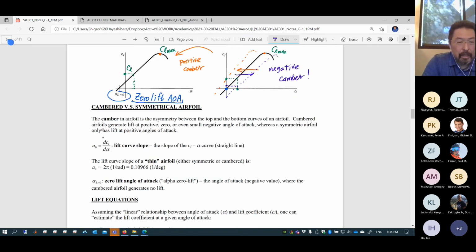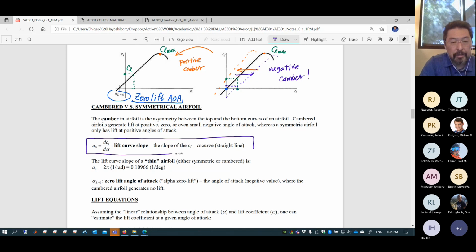So the important thing is the lift curve slope, A0. This is usually unchanged. By the way, for flight mechanics, this is actually CL alpha, the partial derivative of CL with respect to alpha, CL sub alpha.